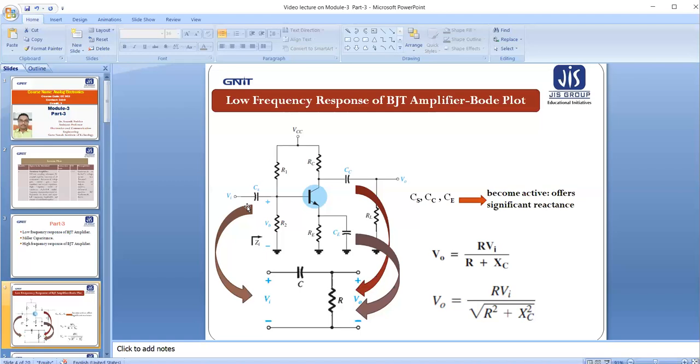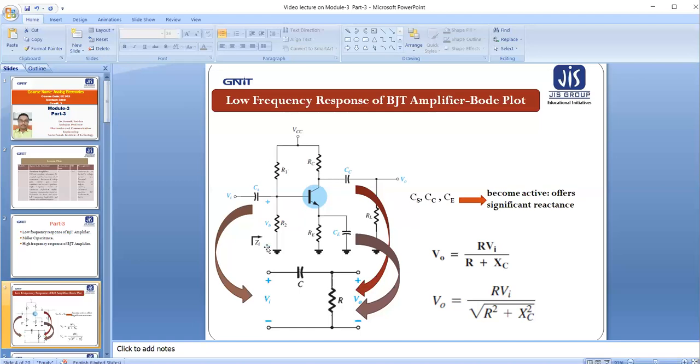The frequency being smaller in magnitude, the reactance offered by these three capacitors is not negligible. Their reactance is very much sensitive towards the signal propagation and amplification. So that's why during the low frequency analysis, these three capacitors are very important and their effect should be considered.